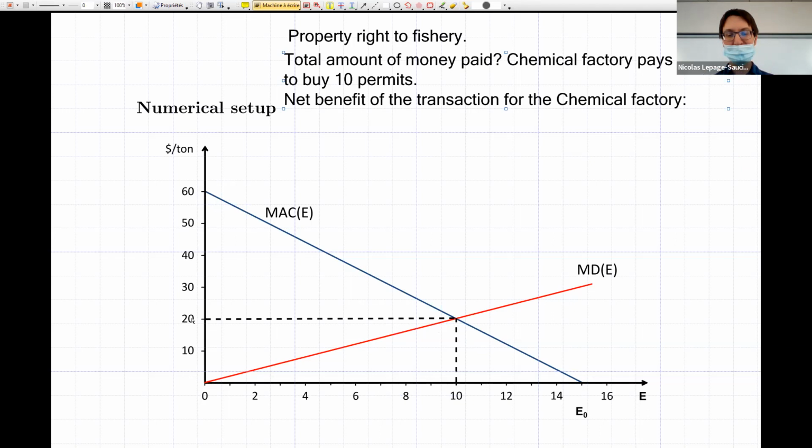It doesn't pay all the area below the marginal abatement cost, which is the total abatement cost up to 10 units. But of course, the factory must pay 200. So the net benefit is 60 minus 20, so that's 40 times 10 divided by 2. So that's exactly 200. Well done.